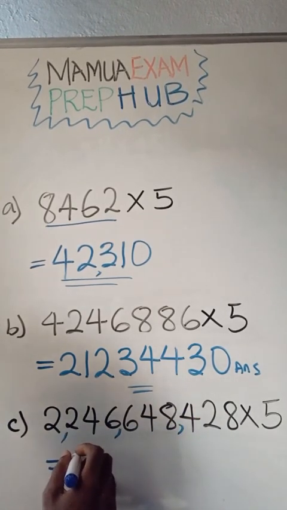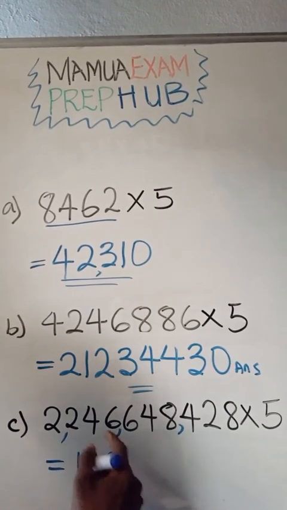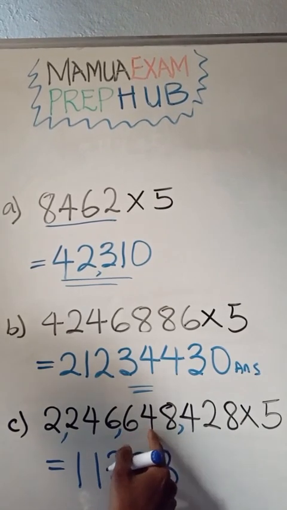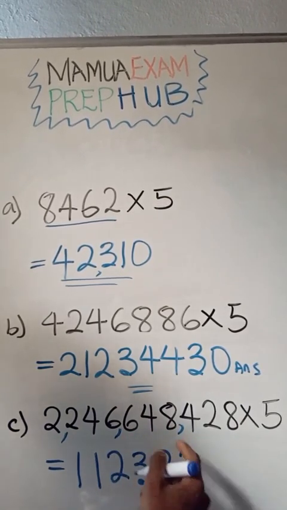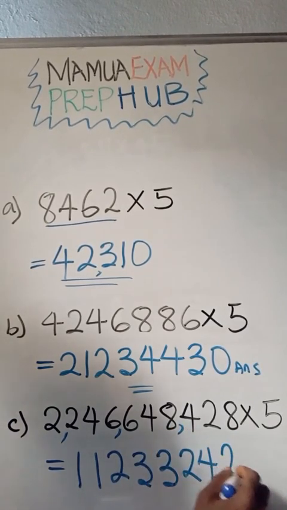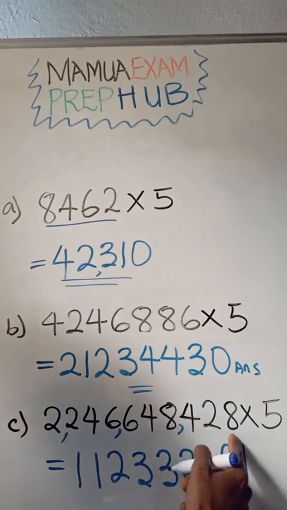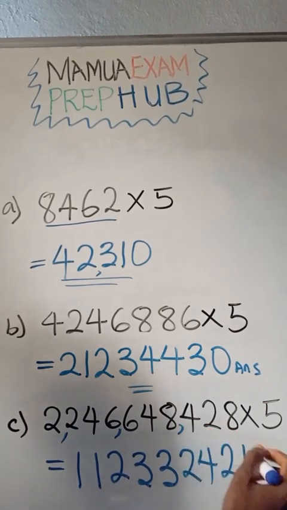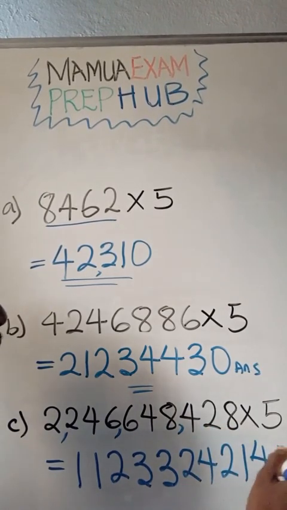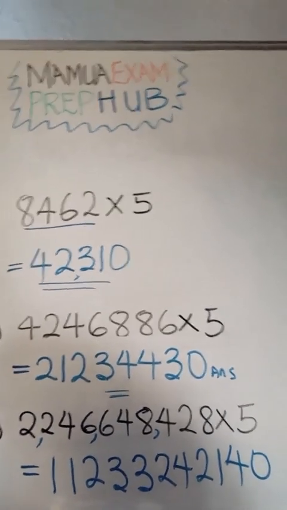Dividing each digit by 2 in turn gives 1, 1, 2, 3, 3, 2, 4, 2, 1, 4. Since it's an even number, we're going to end it with 0. So that is our final answer.